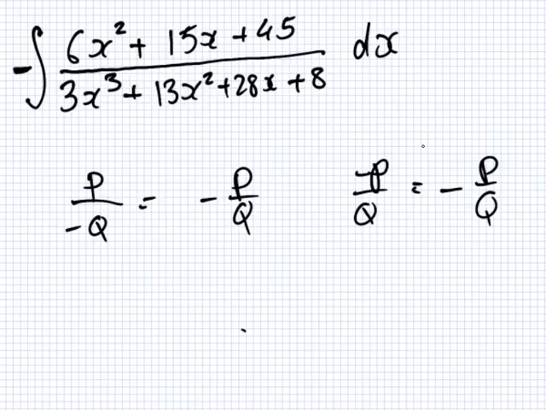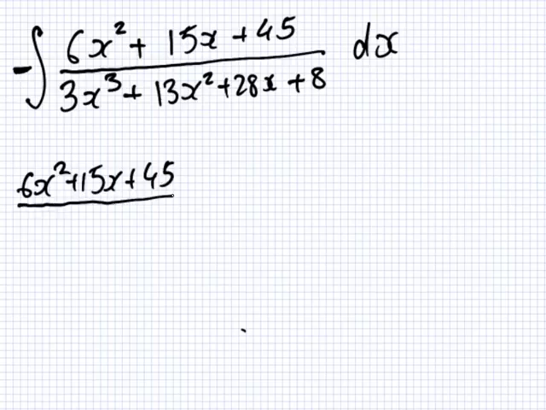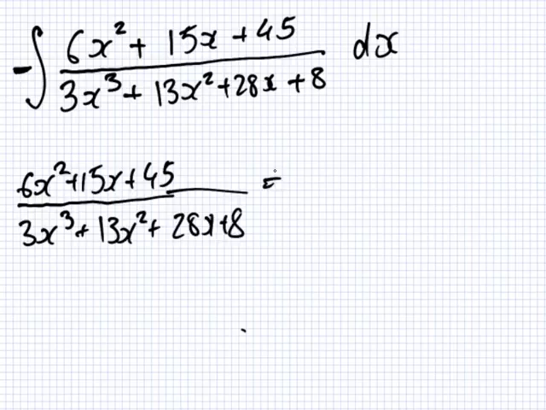So I took the minus out from the bottom. Anyways, I can change this into, if I factorize with the help of my calculator, okay, so let's check with the calculator.